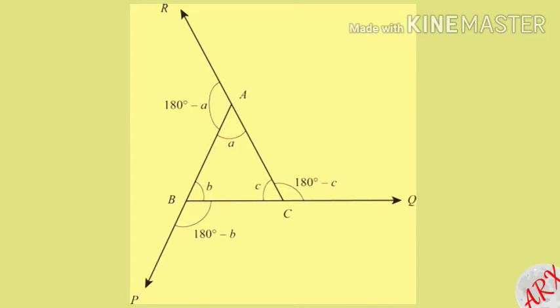Similarly, if angle BAC is A, then its exterior angle BCR is 180 minus A, and if angle ABC has a measure of B, then its exterior angle CBP is 180 minus B degrees.